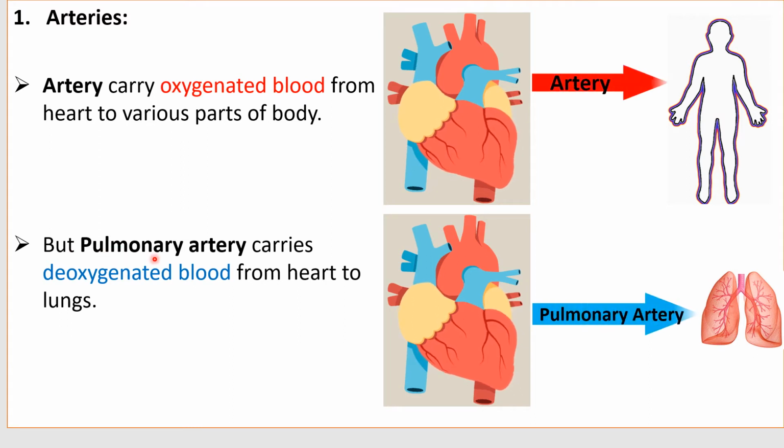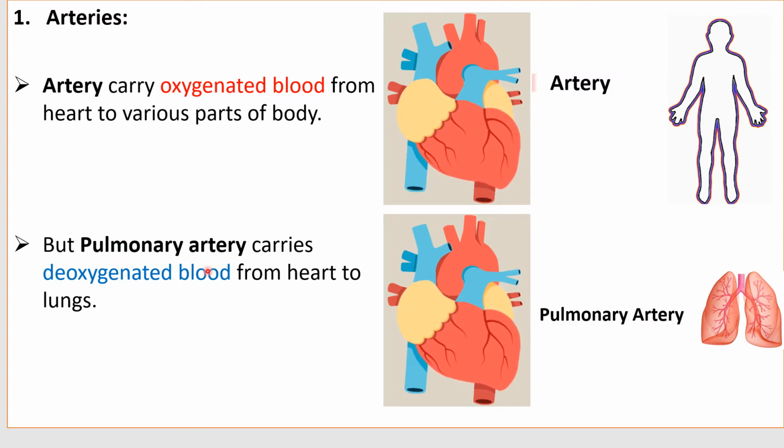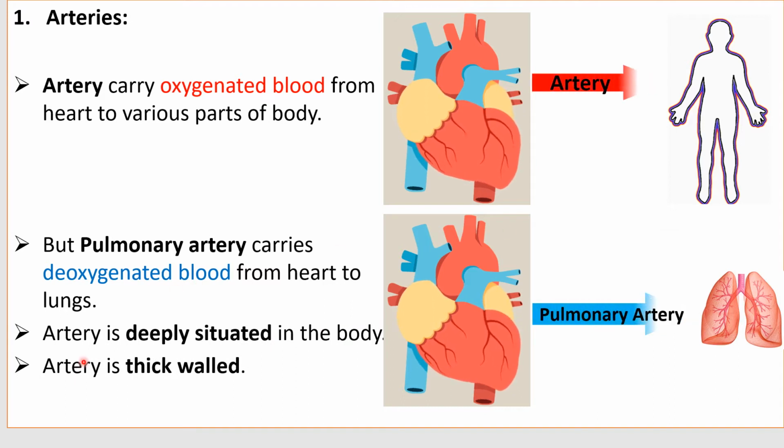But the pulmonary artery carries deoxygenated blood from heart to lungs. Artery is deeply situated in the body, and the artery is thick walled.